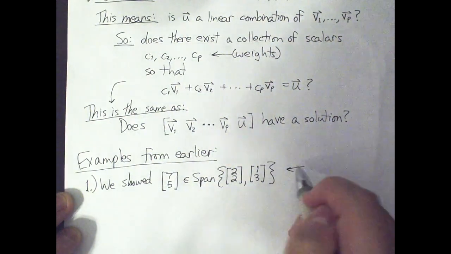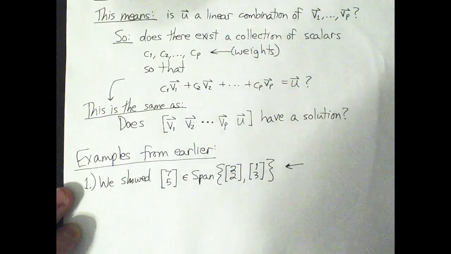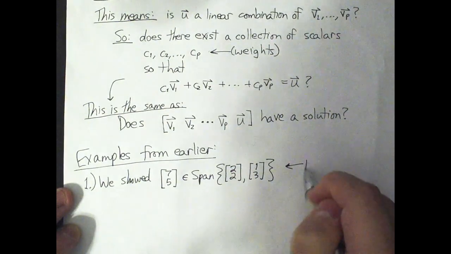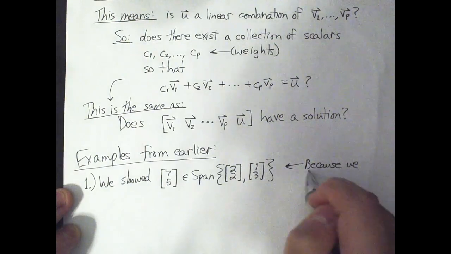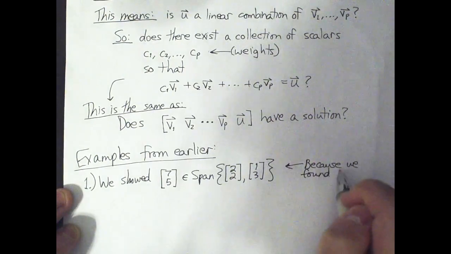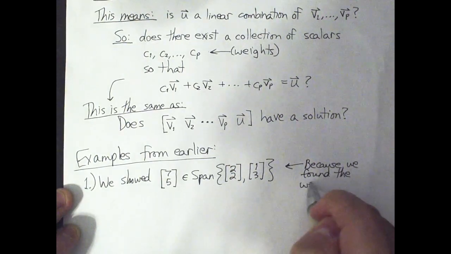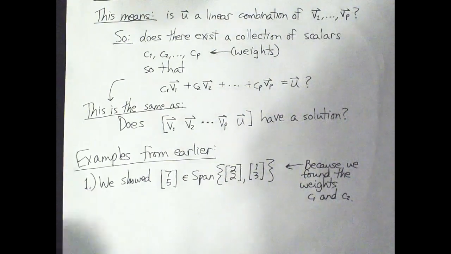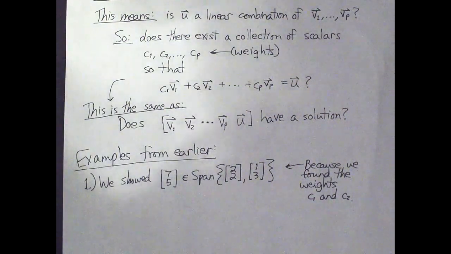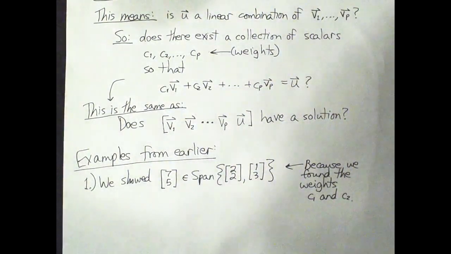We showed this because we found the weights c1 and c2. Let's see, what were they? I think they were 4 and -1. It was that problem.